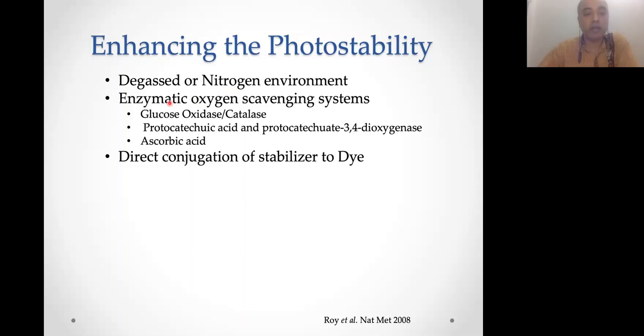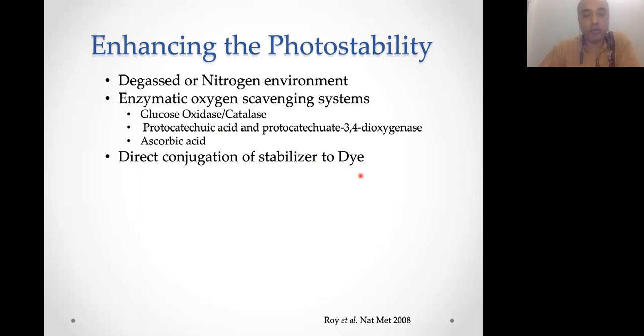And there are enzymatic systems which are much more commonly used because they are much easier to implement. You just make a cocktail of enzymes and add it to your solutions if you are doing an in vitro experiment. And sometimes people have been able to add some of these molecules directly to the dye, like Scott Blanchard's lab does, and have been able to stabilize dyes.